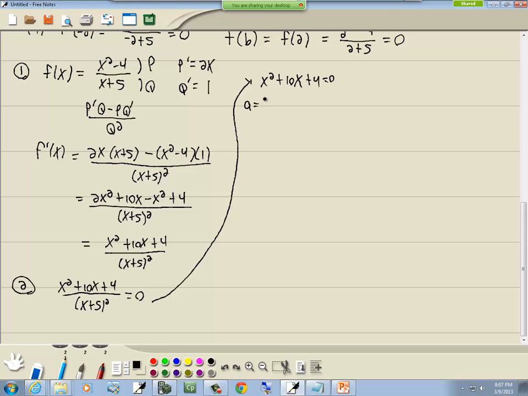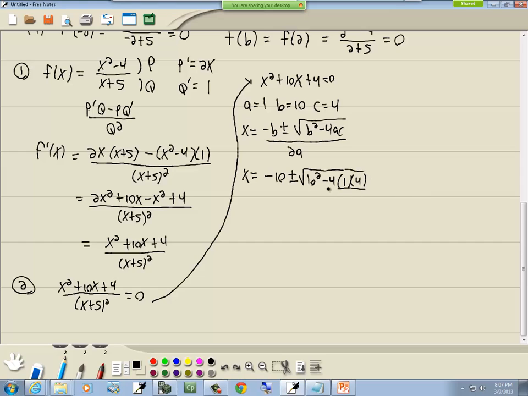A is the number that's in front of our x squared, which is 1. B is the number that's in front of our x, which is 10. And c is our number at the end, which is 4. And our quadratic formula is negative b plus or minus square root of b squared minus 4ac all over 2a. So we have negative 10 plus or minus square root of 10 squared minus 4 times a times c over 2 times a.